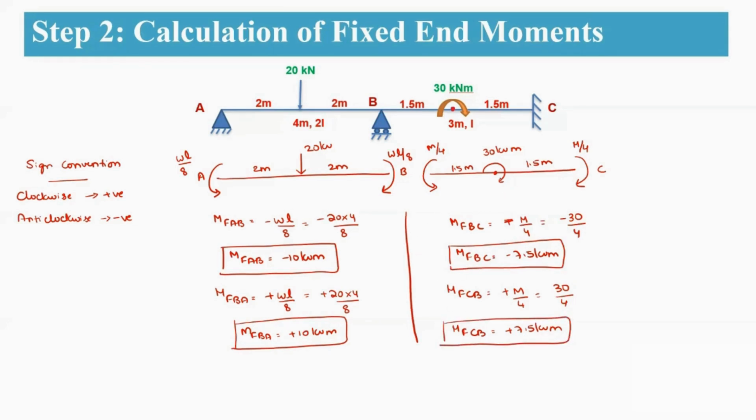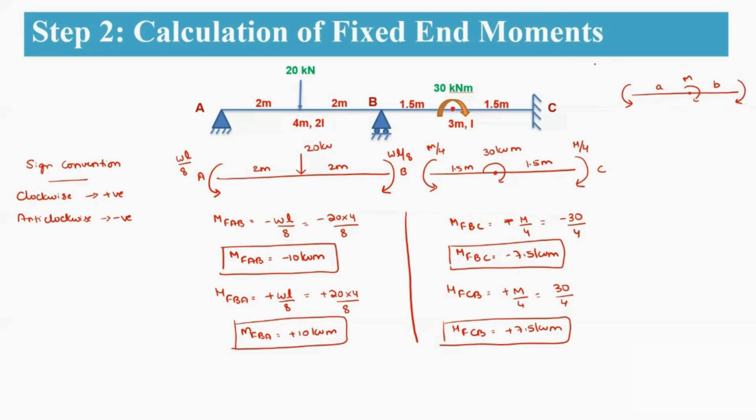And I'll just write down, when you are having an eccentric moment, that means at A distance and B distance, what are the moments that are going to develop at each end?